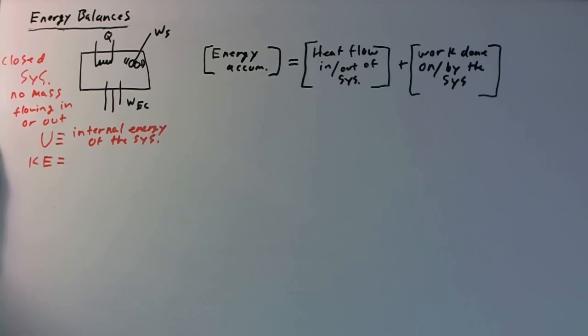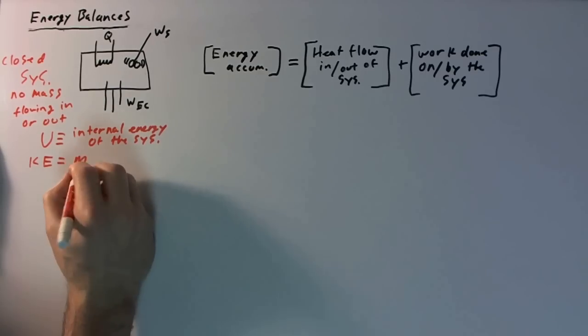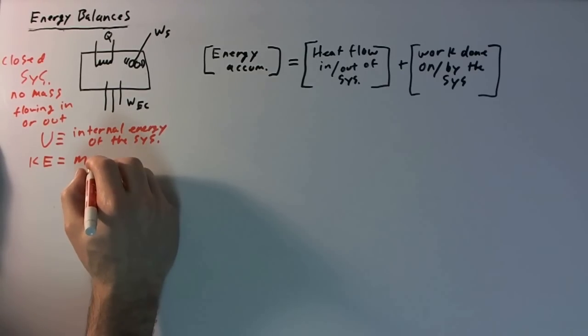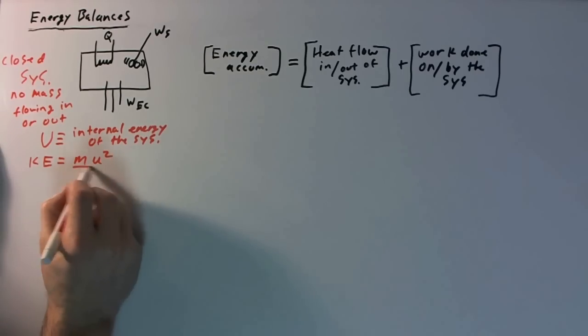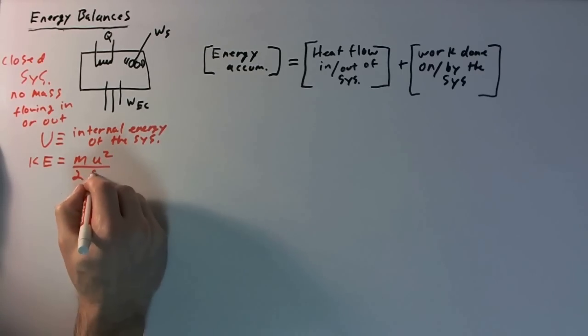Which in this case, I'm going to define using the gravitational constant. So we have mass times one half v squared, and I'm going to use a little u for velocity instead of capital U, this one's got a little tail, divided by 2 times the gravitational constant.